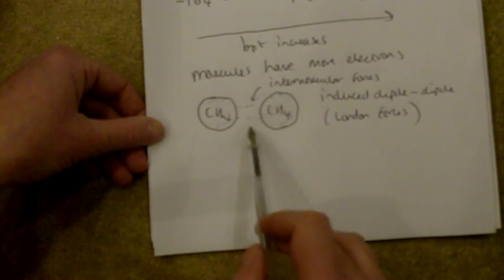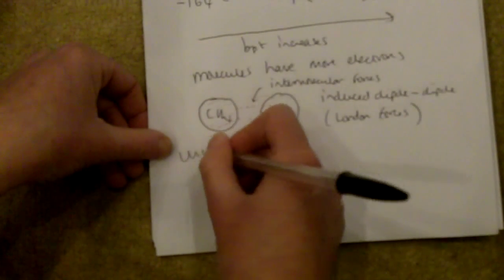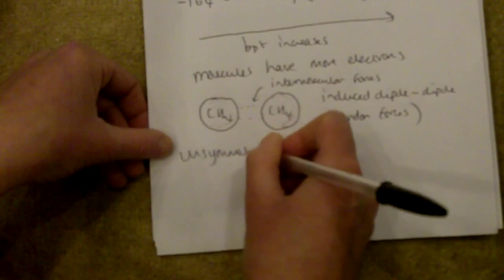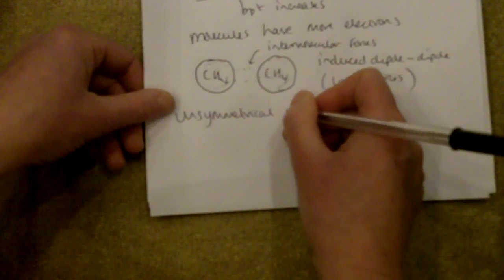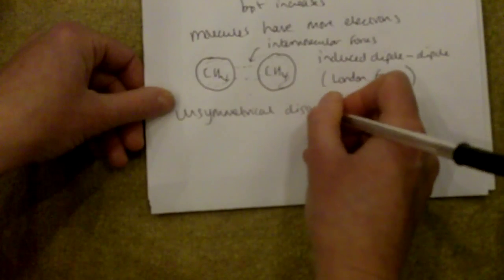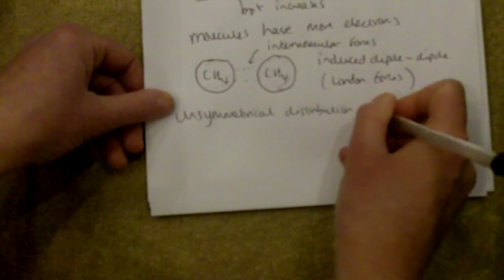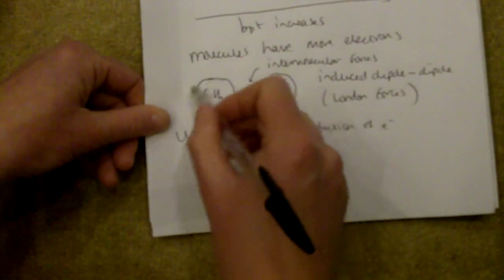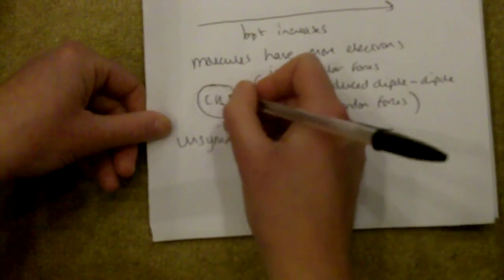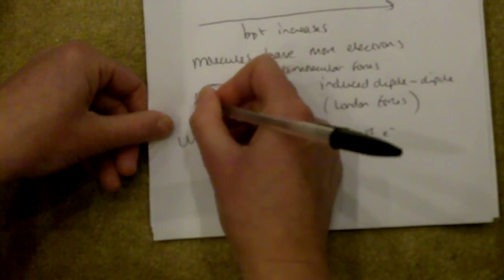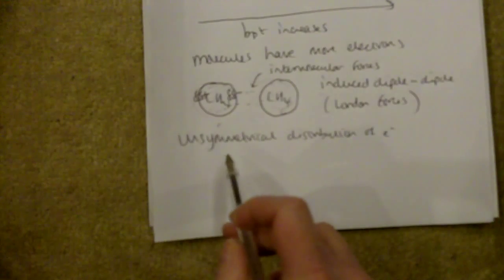Remember that these forces are caused by an uneven distribution of electrons, because electrons are moving around the molecule the whole time, and there may be more electrons on one side of the molecule than the other.